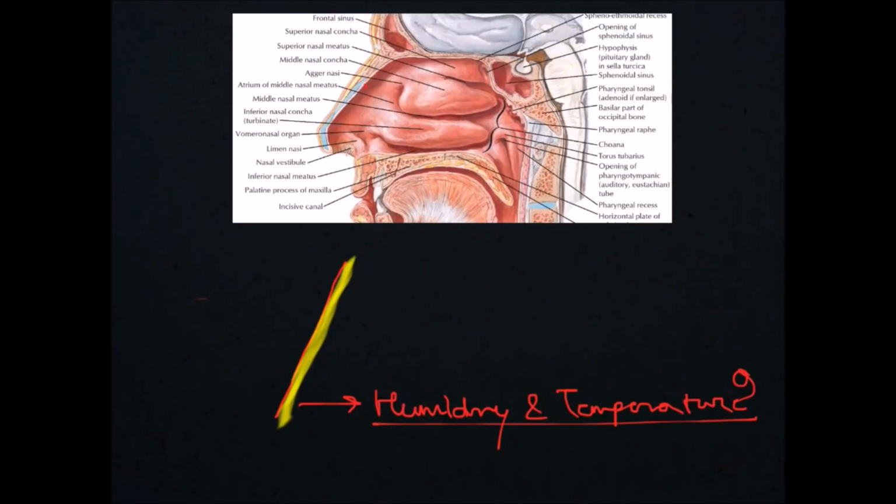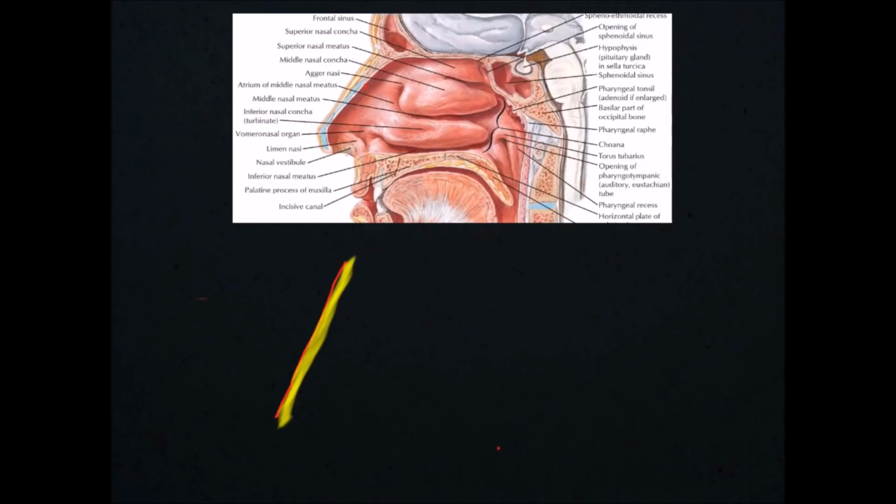Whenever we are breathing dry air or high temperature air, it is the physiology of the epithelium of the nose to maintain its temperature and to provide it sufficient moisture so that the respiratory tract is not damaged. So just consider this epithelial lining and just consider this one.